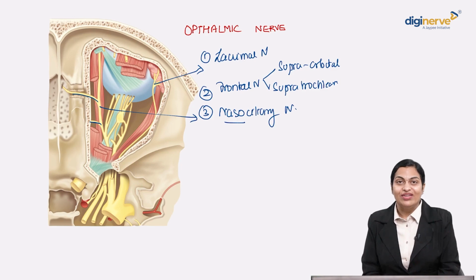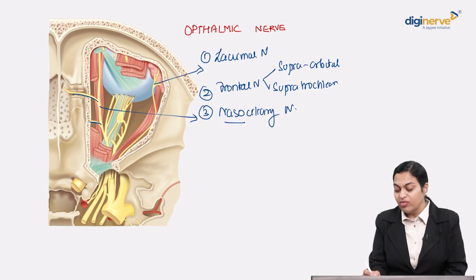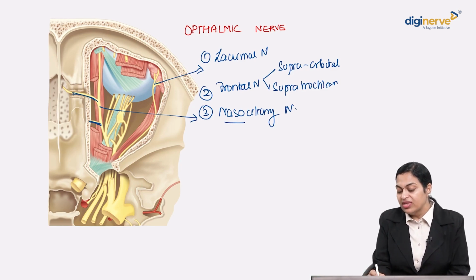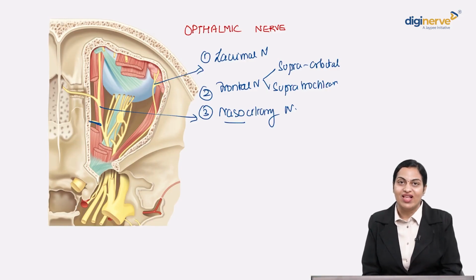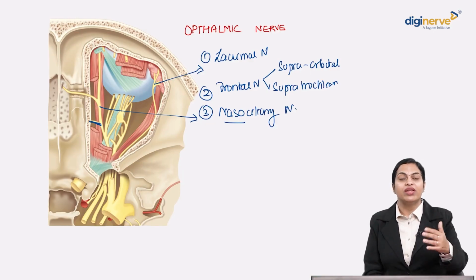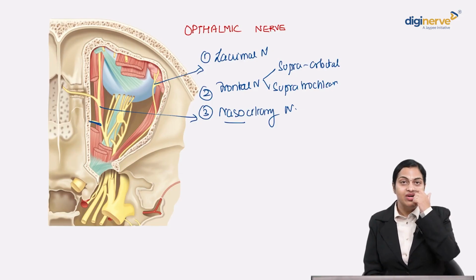The nasociliary nerve will give rise to the posterior ethmoidal nerve that you see here, and the anterior ethmoidal nerve. The posterior ethmoidal nerve will supply the sphenoidal sinus and the posterior ethmoidal sinus. The anterior ethmoidal nerve will supply the middle ethmoidal and the anterior ethmoidal sinuses. It will enter the nasal cavity and then emerge as the external nasal nerve.